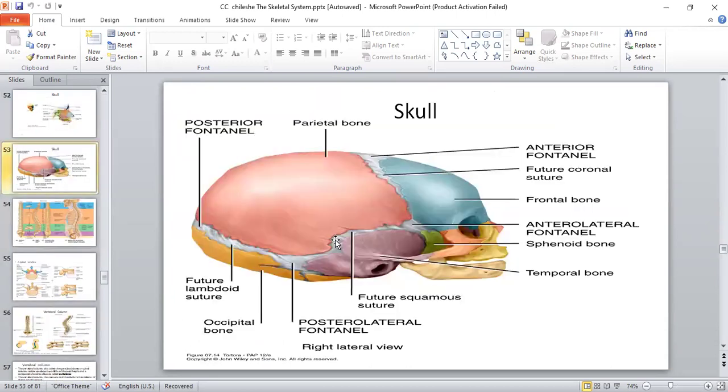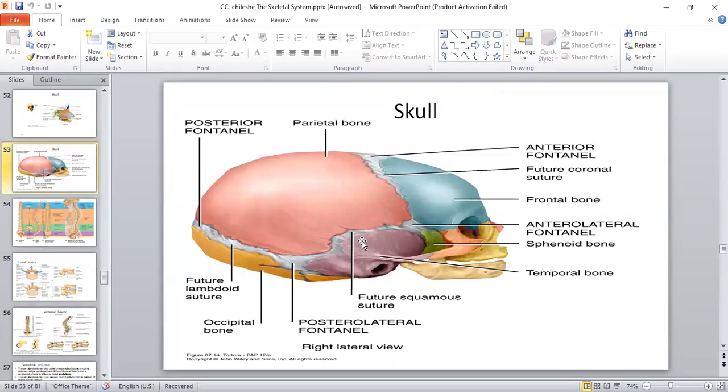Now that we have looked at the bones of the skull, the one other thing I would like us to look at are the joints, because now we understand that these bones are not one bone. For them to be held together nicely like that, they are obviously joined at particular points along the skull.